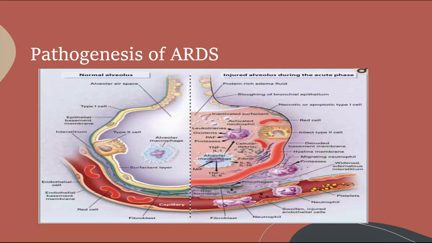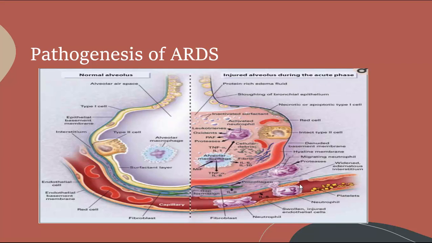This is the pathogenesis, as Saddam explained yesterday for sepsis. It is also used for ARDS. On the left side, this is the normal: there are no neutrophils inside the alveoli. We have some macrophages there, and you see the surfactant layer and then the endothelium. Whenever you have an insult, either infection or toxic inhalation, the pathogenesis starts.